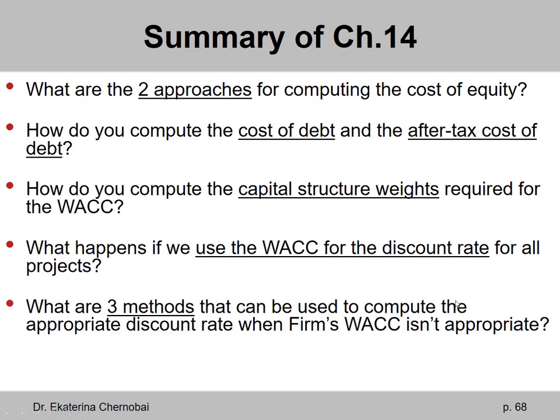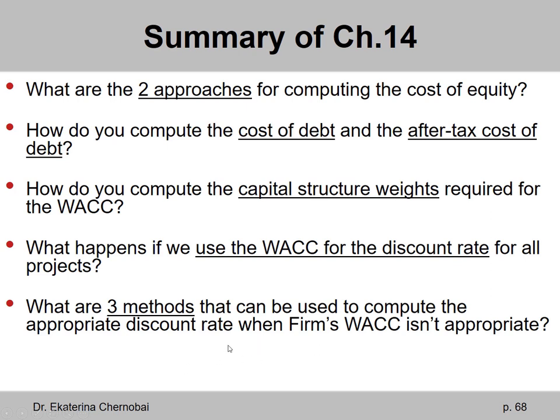What are the three methods that can be used to compute the appropriate discount rate when the firm's WACC isn't appropriate? We may kind of borrow the rate of return from other companies that produce the same product as what our investment project would be all about. That's the pure play approach. Two, we may just add a couple of percent to our firm's WACC if the new project is riskier. That's the subjective approach, because we are adding a couple of percent subjectively.